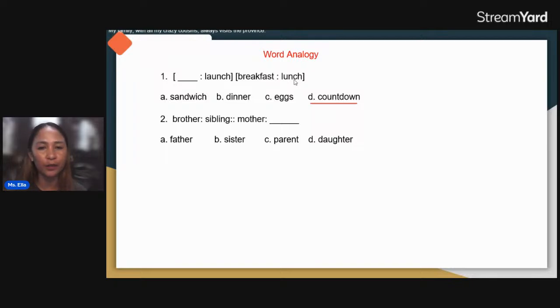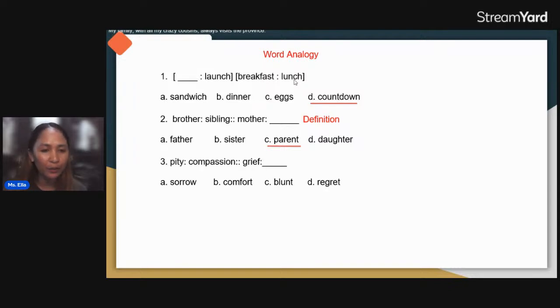The correct answer is letter C, parent. Why parent? Because this analogy is by definition. A brother, by definition, is a sibling, and a mother is a parent by definition. All right, so let's continue.